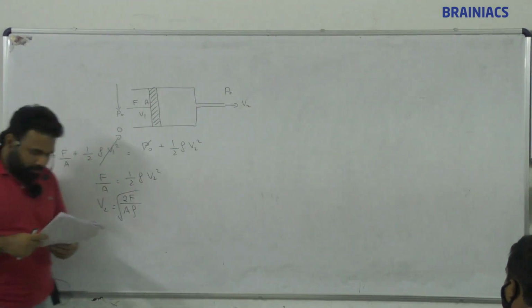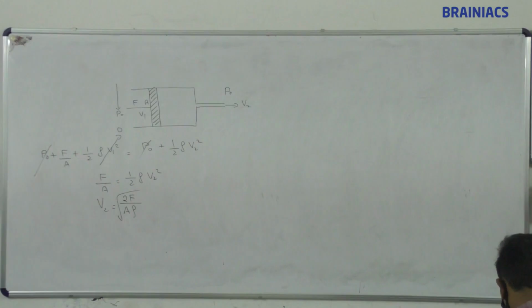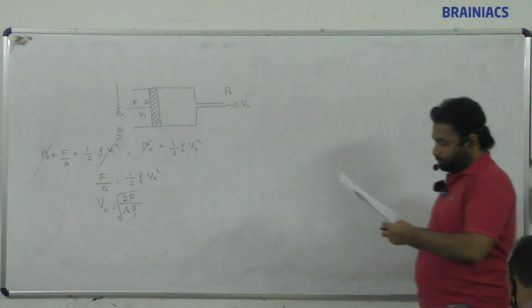Okay, another question. Third question. A large open tank has two holes in the wall.